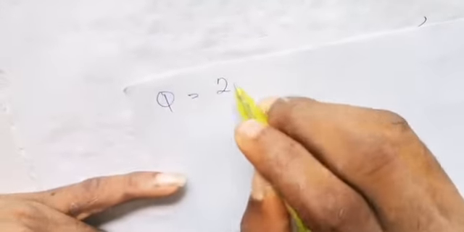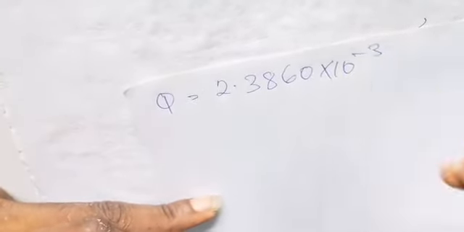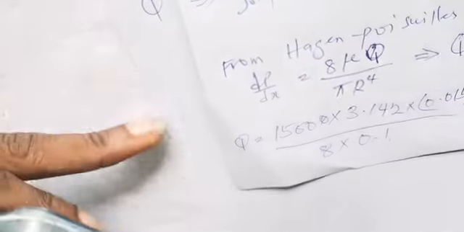So we have 2.3860 by 10 to the power of minus 3 all over, then for the denominator we have 8 multiplied by 0.1, that will obviously give us 0.8.